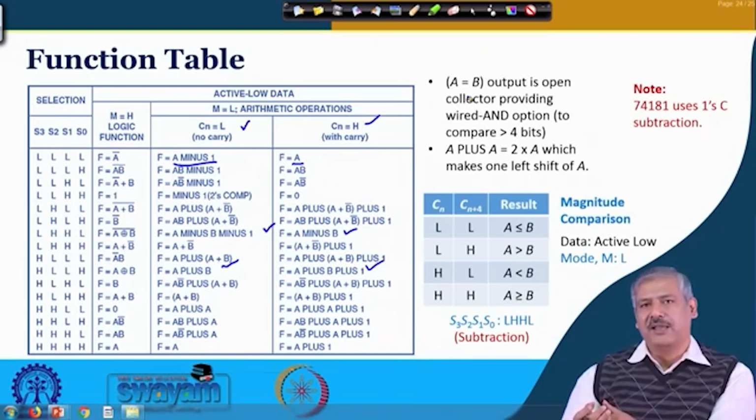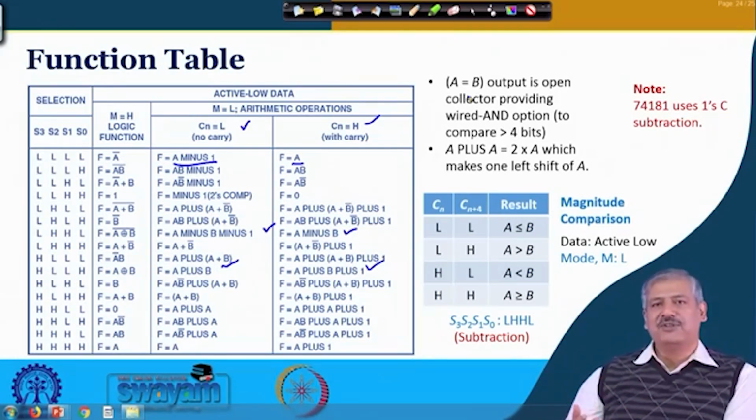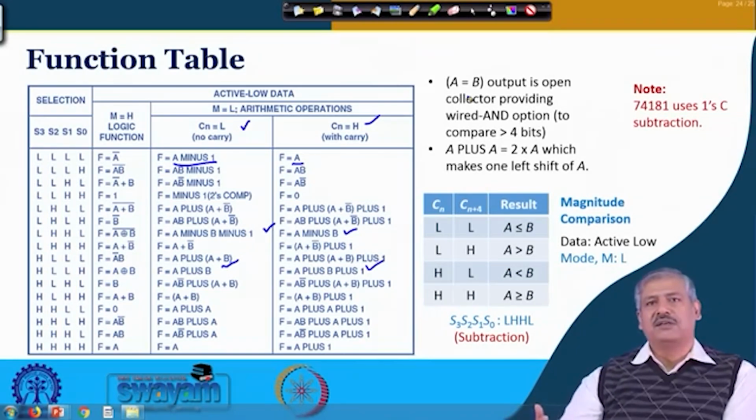If both of them are high, then as a whole the 8-bit numbers are equal. If one of them is low, then of course equality is not established. So, this gives you a very quick comparison between two numbers being compared in two different ALUs, by making use of the wired AND option of an open collector output.